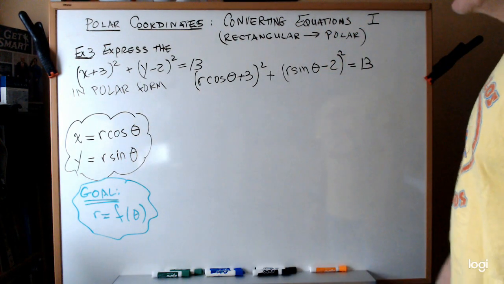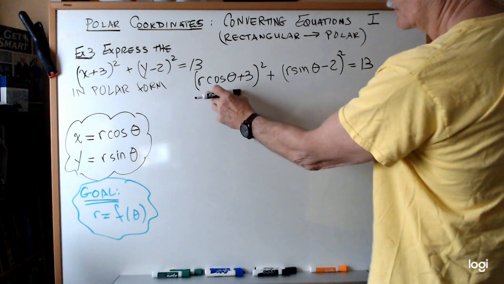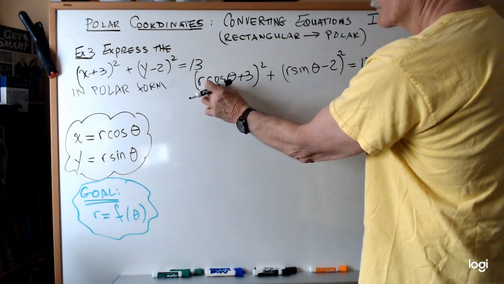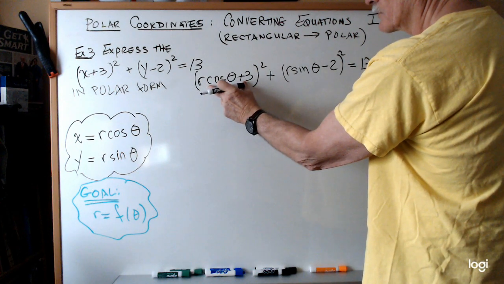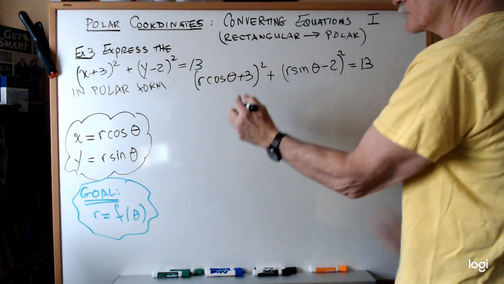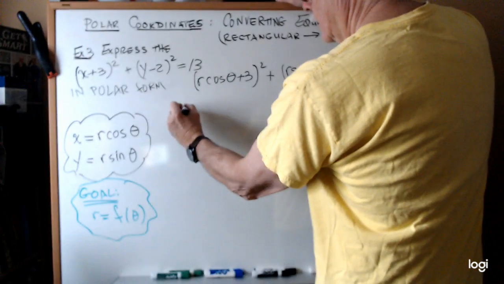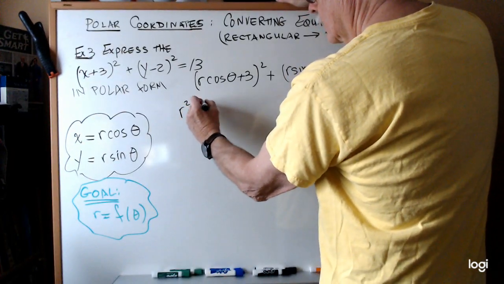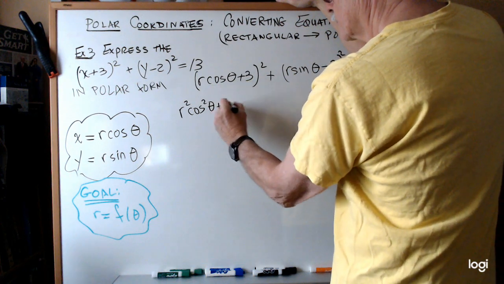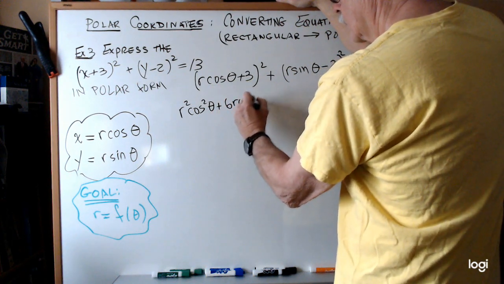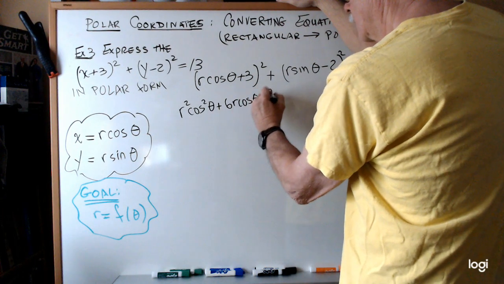And then we're just going to do the algebra. This is squaring a binomial, so you get the first term squared plus twice the product of the first and second term plus the second term squared. So you get r squared cosine squared theta plus twice this, 6r cosine theta plus 9.